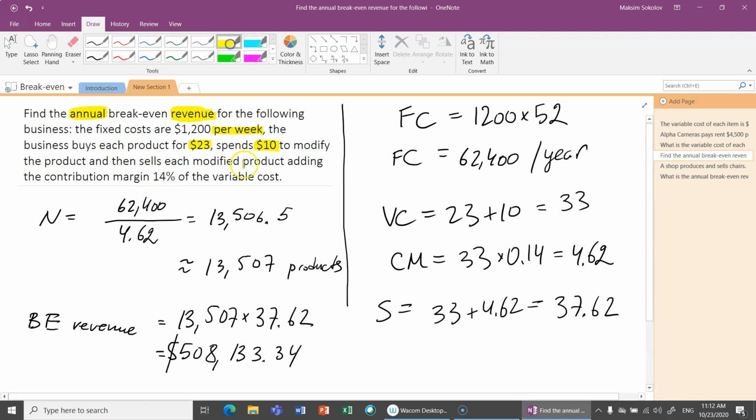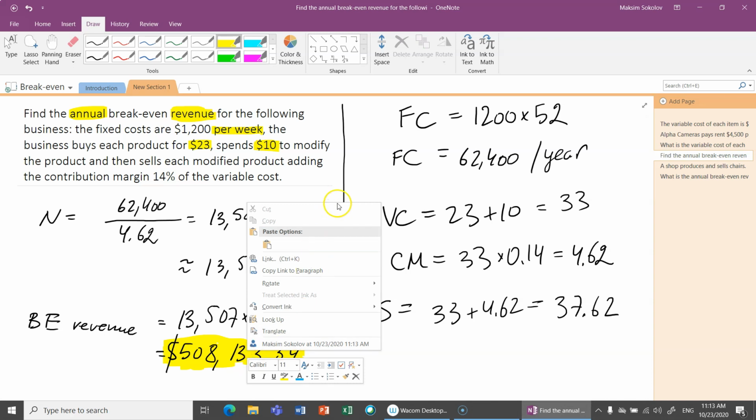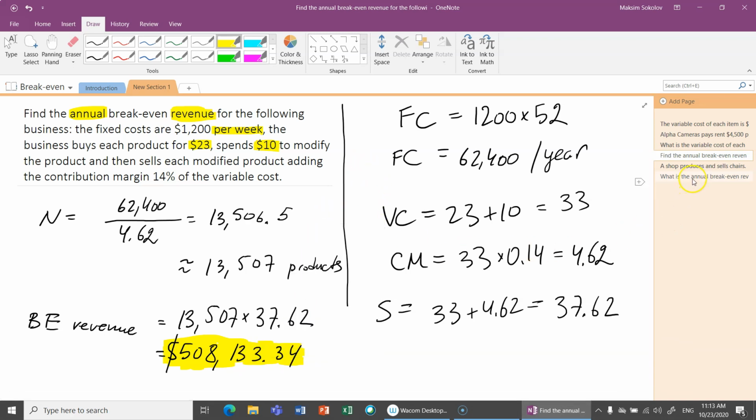That's the answer. That's the break-even revenue, which is the amount of money that the business has to receive from customers for the products in order to break even. Let's proceed to the next problem now.